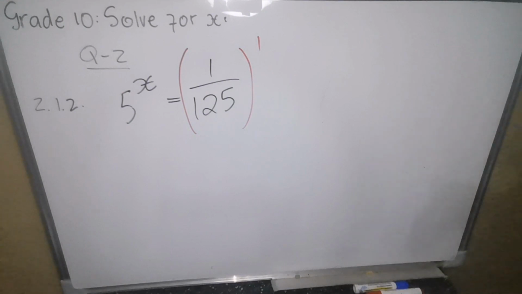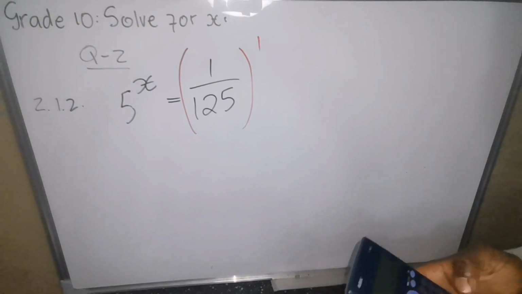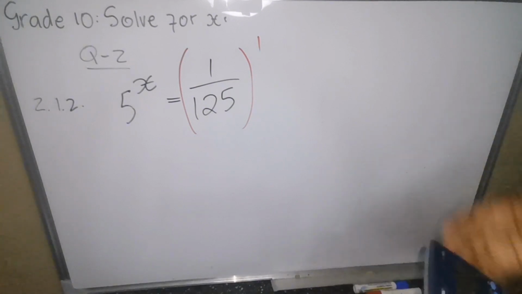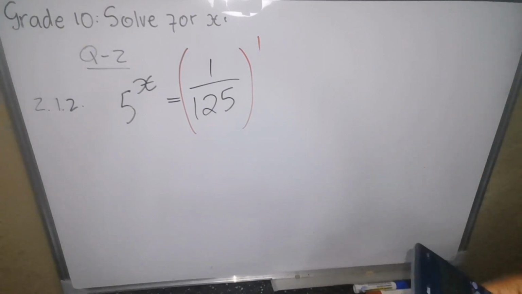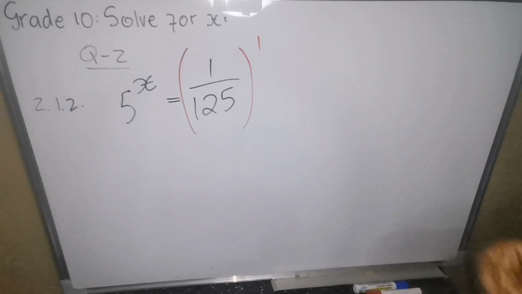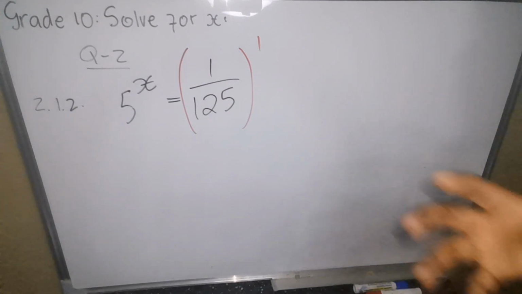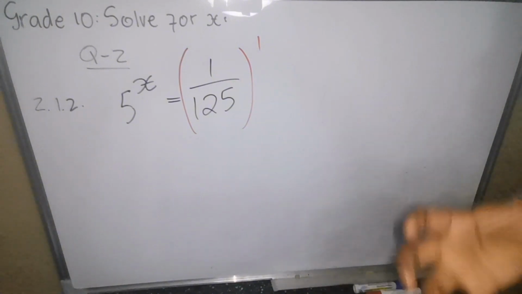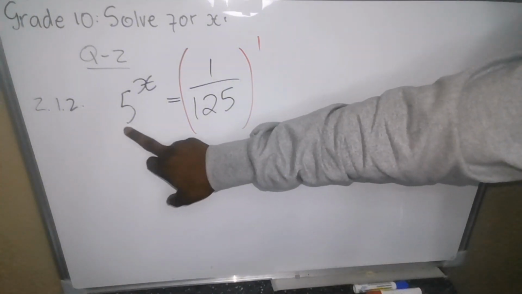Therefore, you need to check, is 5 possible to use? You take your calculator, you try the trial and error method, and here 5 times 5 is 25, and here 5 times 5 times 5 is 125. 5 times 5 times 5 is equal to 125, which means 5 is going to multiply itself 3 times to give us 125, which means you must just try to create some familiarity with this base here on the other side.